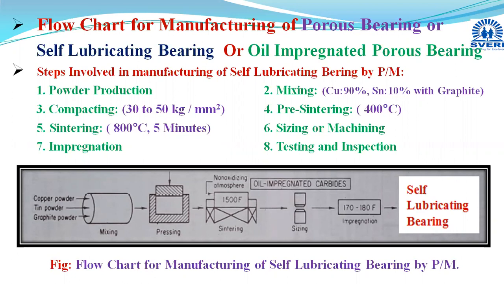Whichever product we have manufactured, we check whether it is correct in shape and size with respect to all dimensions, and whether it is defect free. We check all its properties, like microstructure, composition, tensile strength, compression strength, hardness, and porosity.